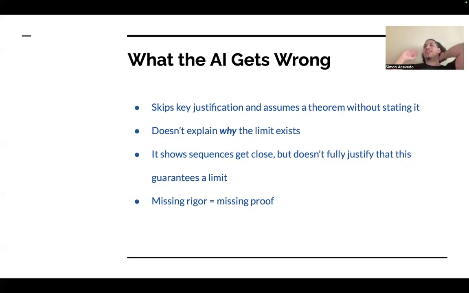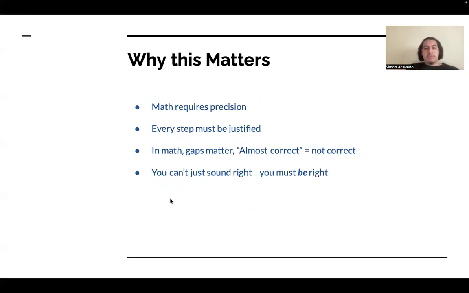It is a valid approach, but it's missing one key line of explanation that connects two things together. It's missing rigor, which means it's missing proof, right? It's not a complete proof. It's still a good proof. You can give it a B plus or an A minus, but it's still missing a tiny bit of rigor.